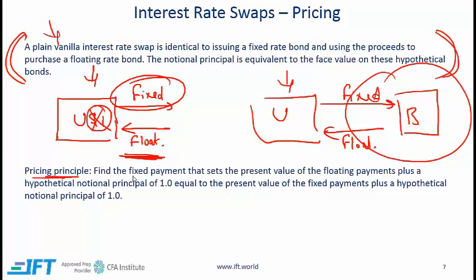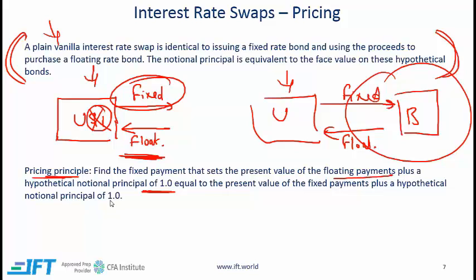How do we do that? Find the fixed payments that set the present value of floating payments plus a hypothetical notional principal of $1 equal to the present value of the fixed payments plus a hypothetical notional principal of 1.